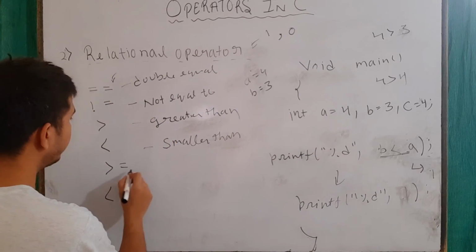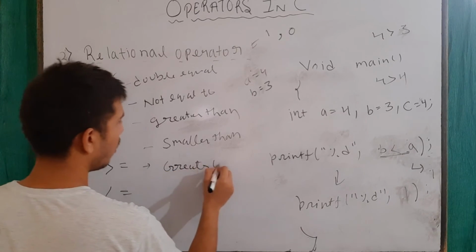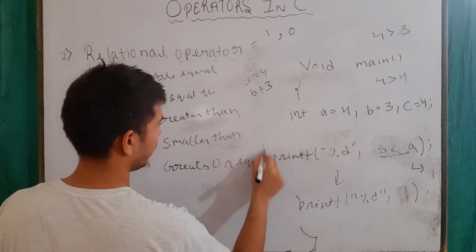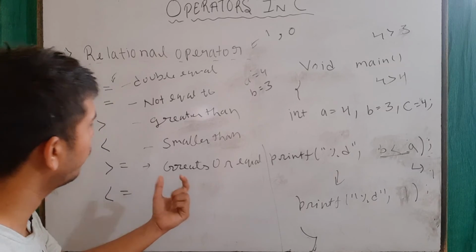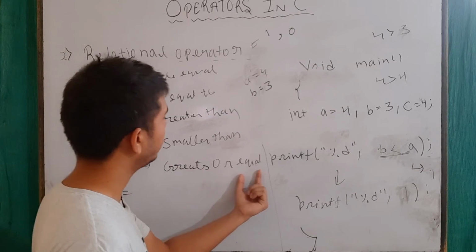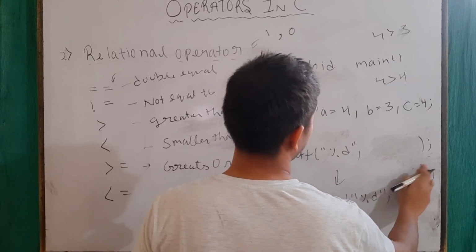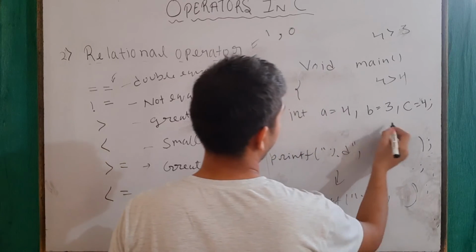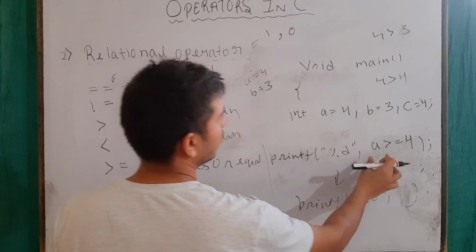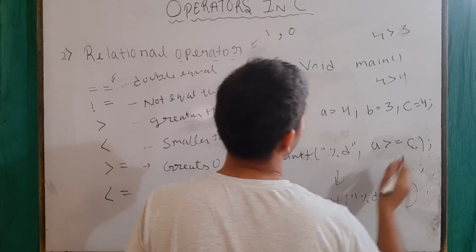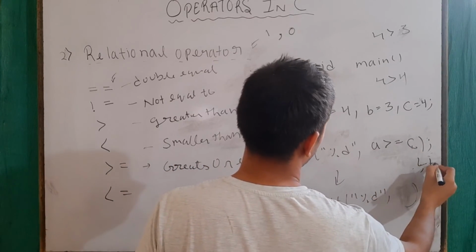Right? Now greater than equal to means whether the value is greater or equal. If the value is greater, this will give us 1 or true, or even if it is equal, it will give us 1. What does that mean? Let's say I am writing here A greater than equal to C. Now A is not greater than C, but A is equal to C. So it will give us true.